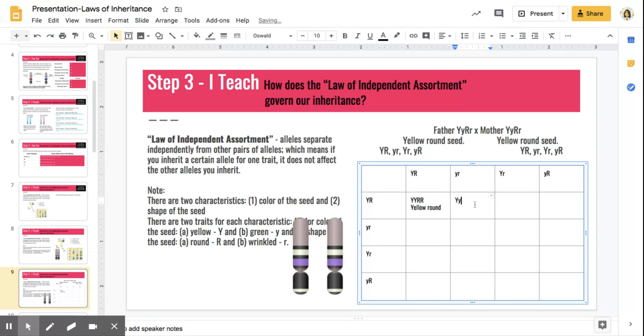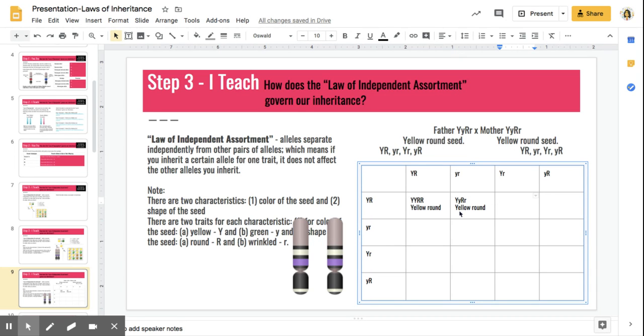But then again, the capital comes in first, even if the dominant comes from the mother and the recessive comes from the father. Same thing with the shape. So since it's a heterozygous, we're going to follow the dominant trait, which is yellow and round.